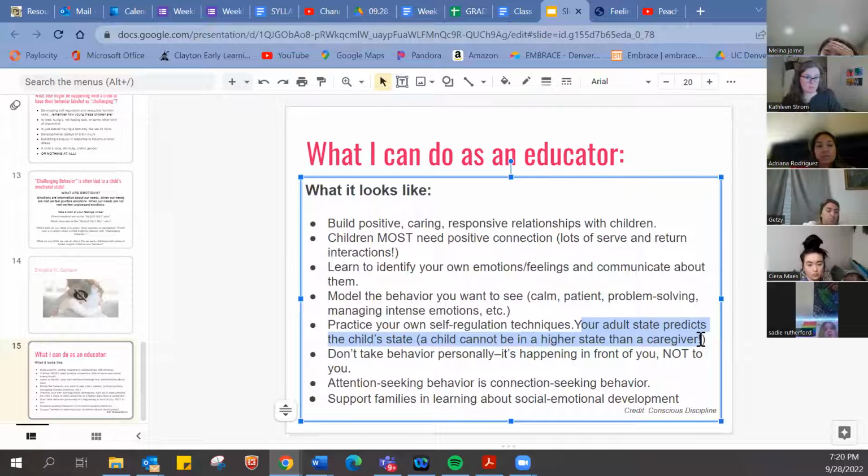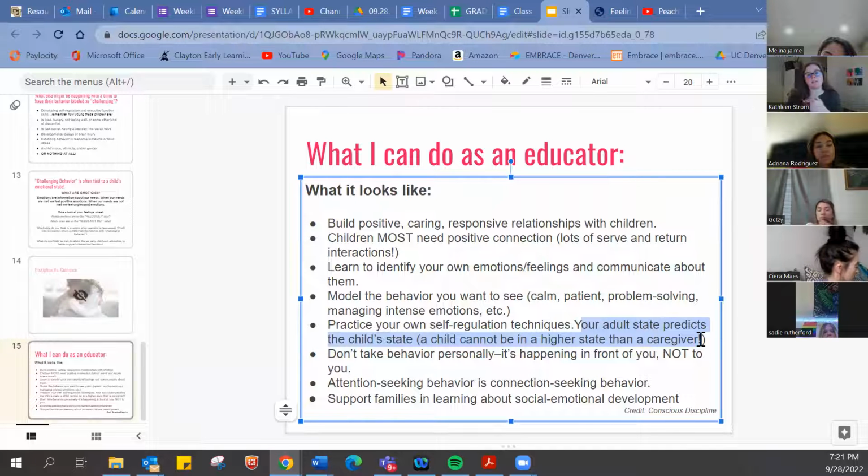So if you're in survival state, a child cannot be in executive state. If you're in fight, flight, or freeze mode, a child that you're working with can't be sitting next to you learning. So your state is going to predict the child's state.